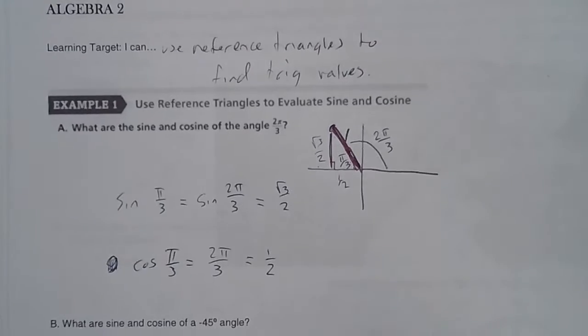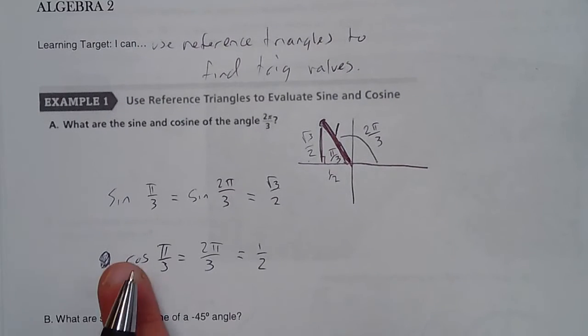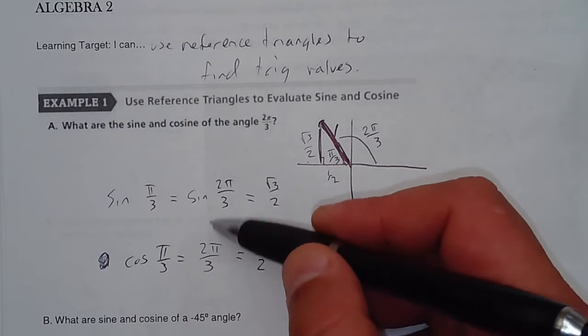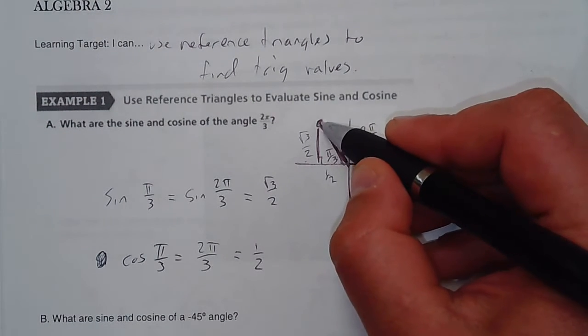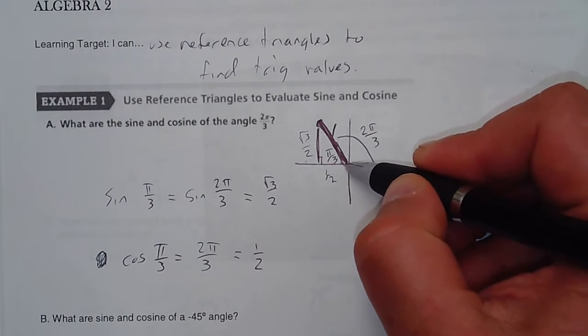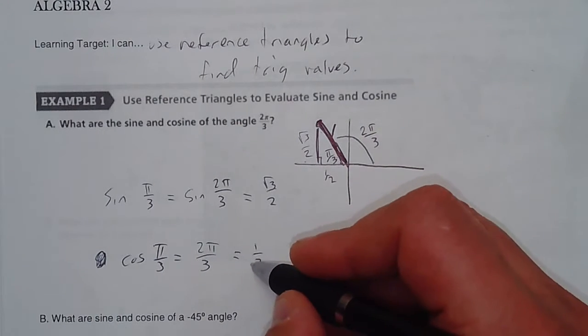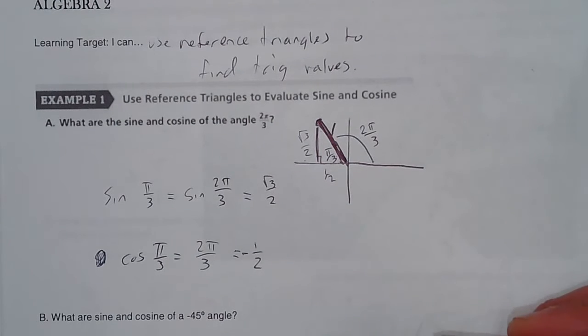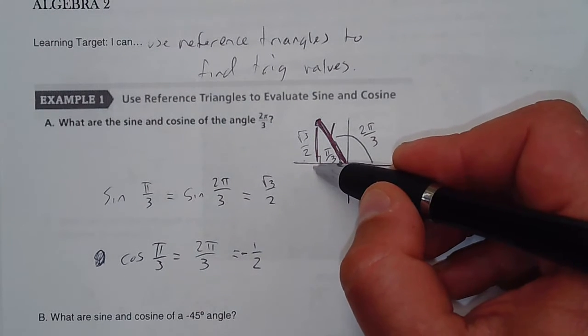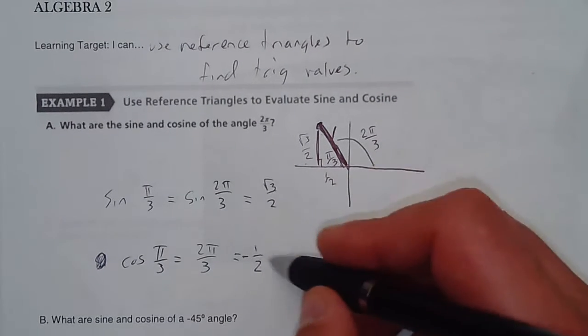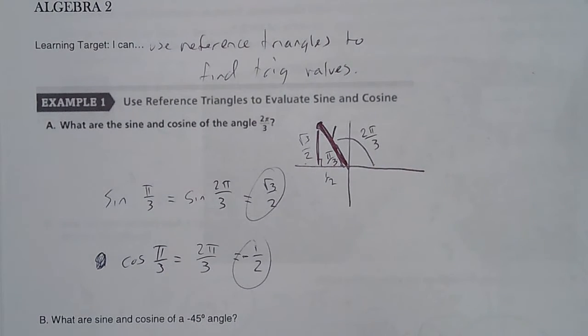Now, these aren't technically equal. What we have to take into account is the position of this. The x value needs to be negative, the y value needs to be positive. So this is actually going to be a negative 1/2 because we're going to the left in terms of coming up with this value. So just keep that in mind. But these are going to be our two values.